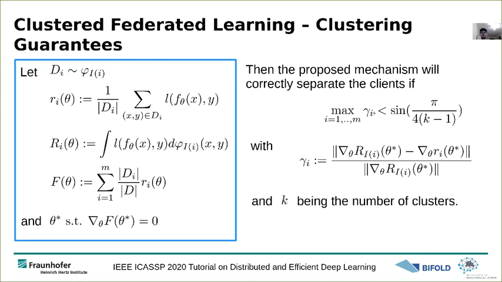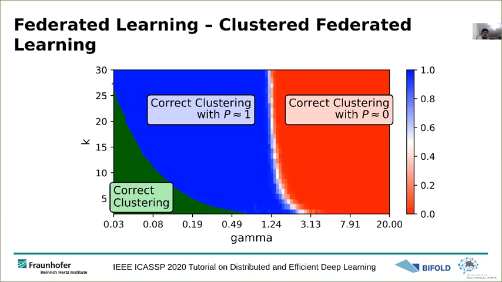Some formulas: basically, given a certain bound on the gradients of the risk functions and their quotient, we can show that if the number of clients k has a certain size, then we can prove that we can correctly separate the clients.